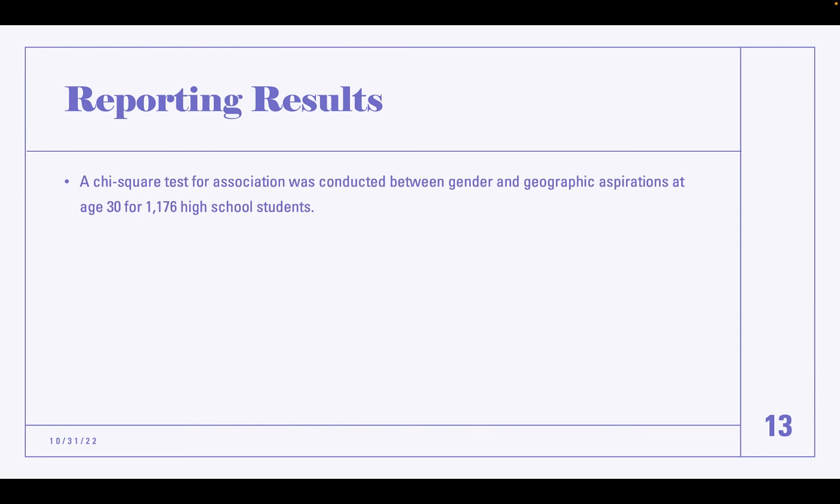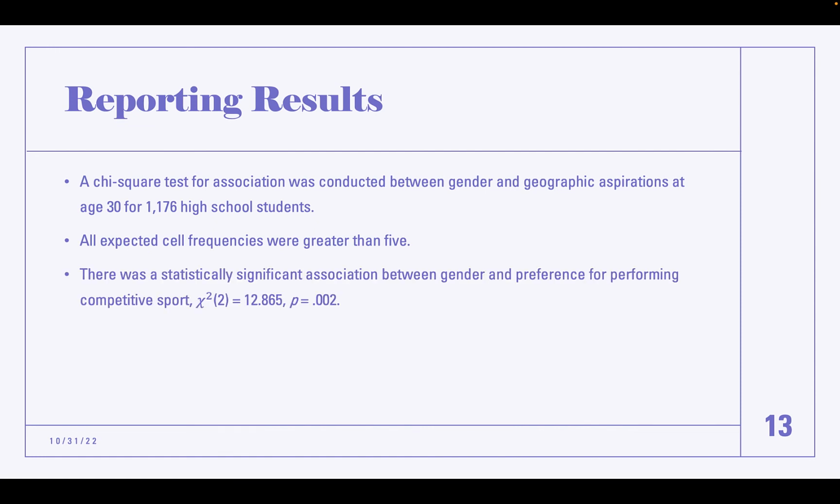All right, what about reporting results for chi-square tests for association? We would start by saying a chi-square test for association was conducted between gender and geographic aspirations at age 30 for 1,176 high school students. All expected cell frequencies were greater than 5.